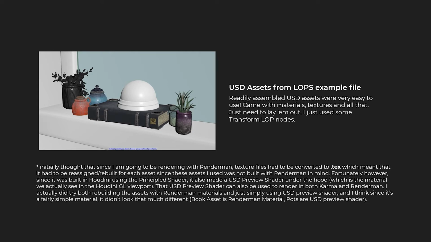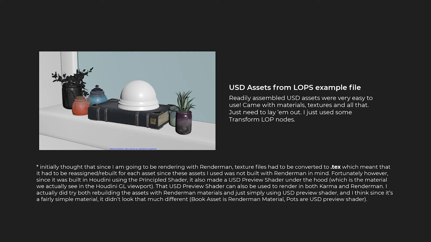But fortunately, I didn't have to necessarily do that, because when you make an asset with a principled shader, they also make a USD preview shader under the hood, which is what we actually see in the viewport.